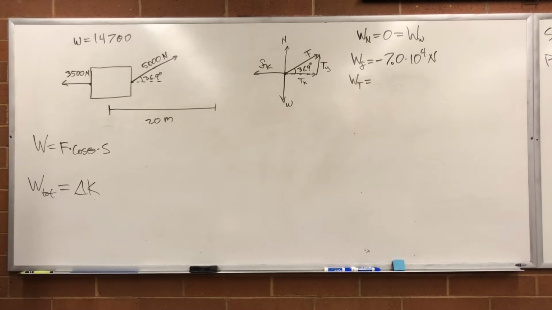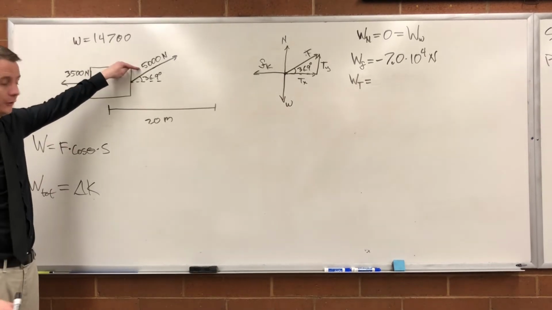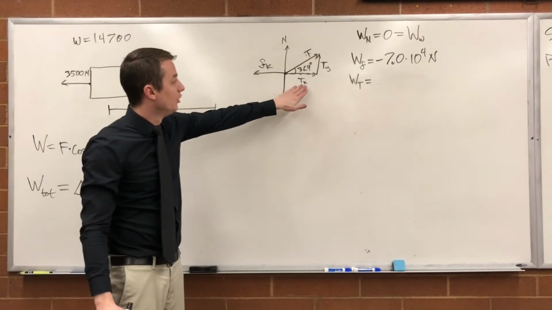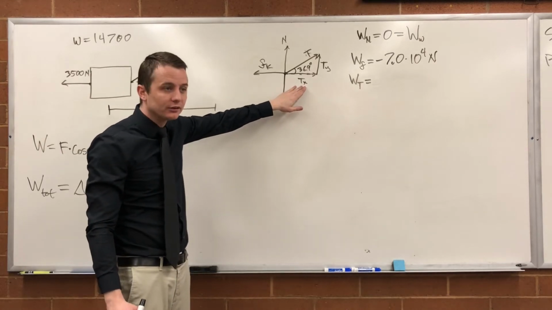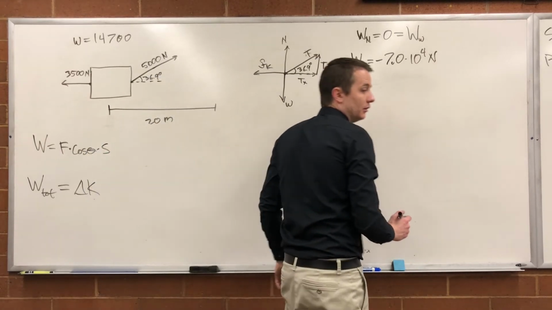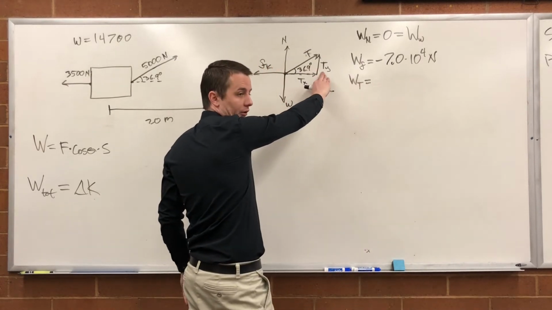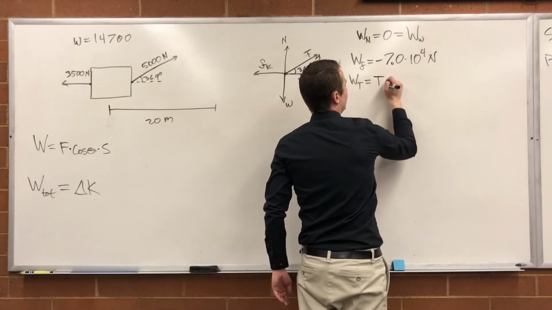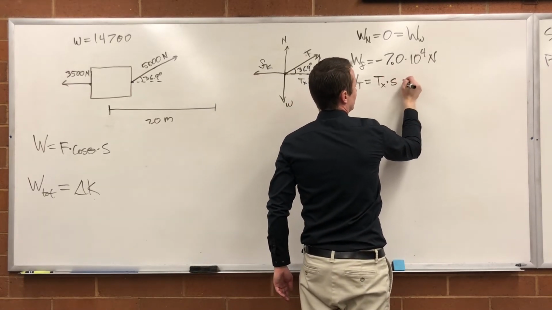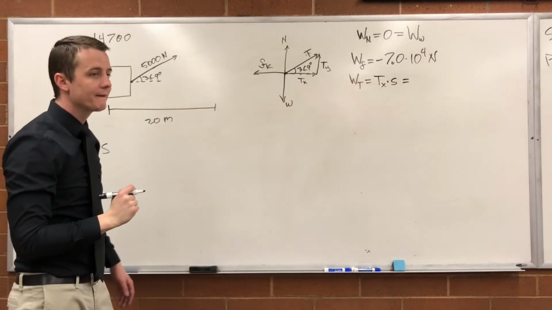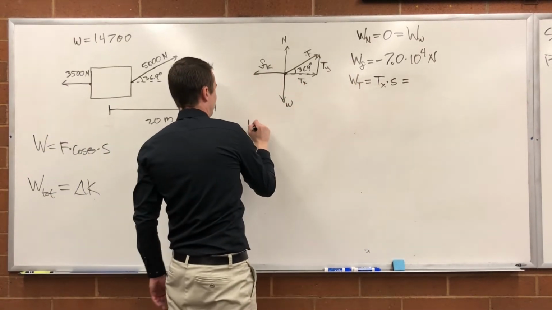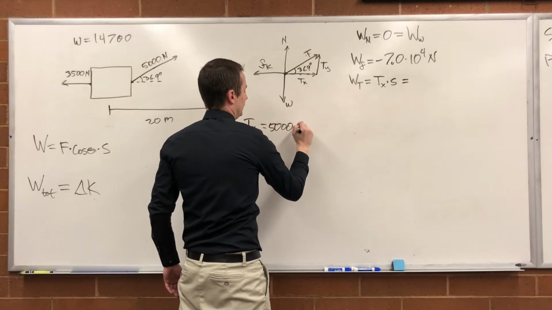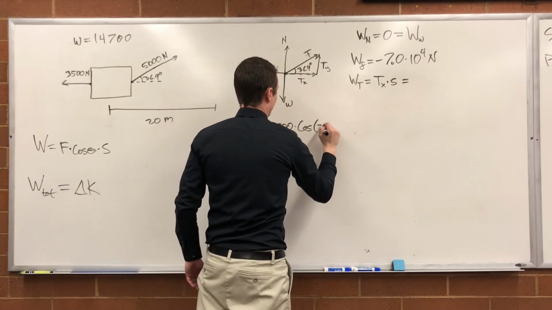Okay, now we have the work done by tension. Only the work in the x direction factors into this one, because the y isn't doing any work. Only the x component is doing work. So this one's going to be T sub x times s. T sub x is equal to 5,000 times the cosine of 36.9 degrees.